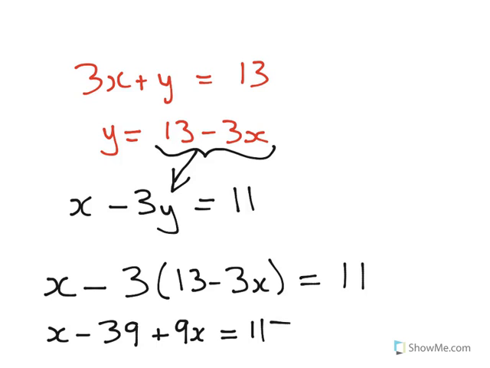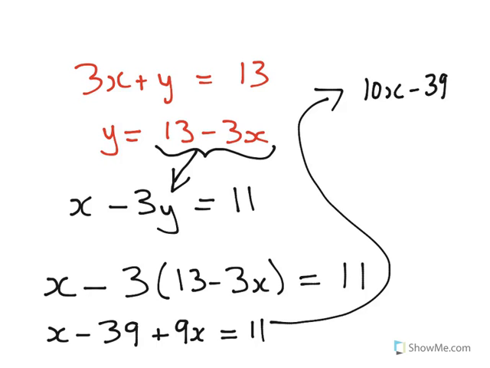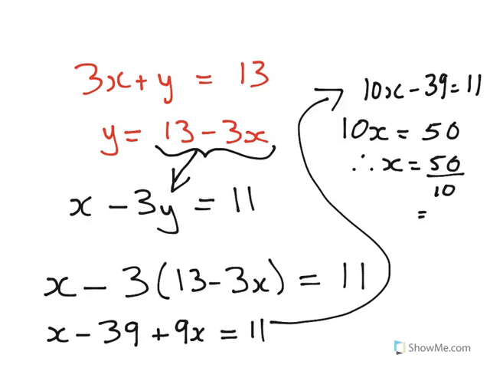So let's move over up here where we've got a little bit more space. We then get that 10x minus 39 equals 11. Move the minus 39 over to the other side. 10x equals 50. Therefore, x equals 50 divided by 10 equals 5.